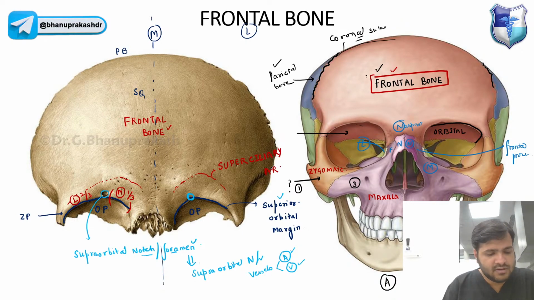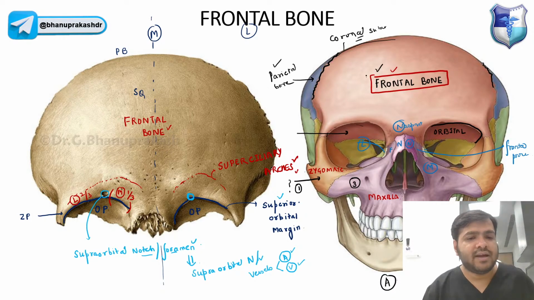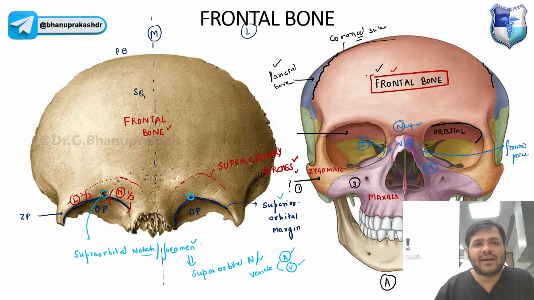Above the supraorbital margins, there is a slight bony elevation related to the eyebrows. These are called the superciliary arches, or supraorbital arches.